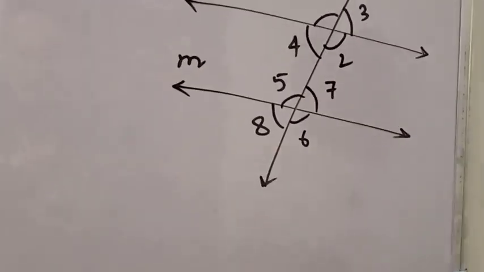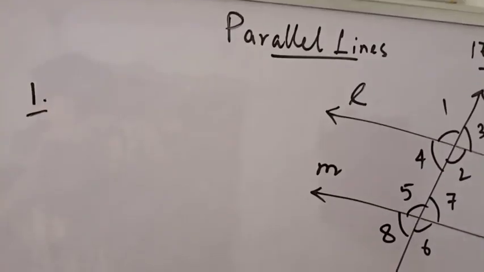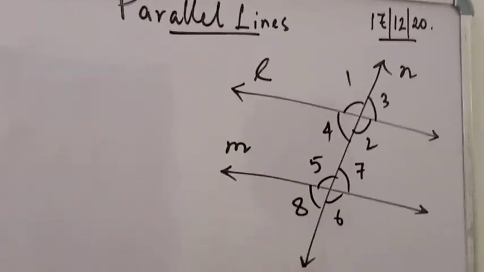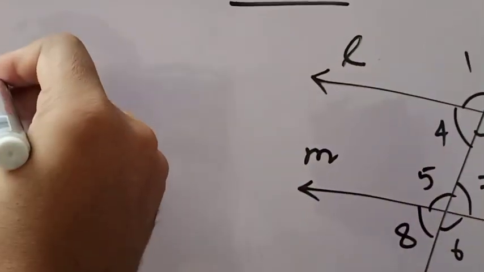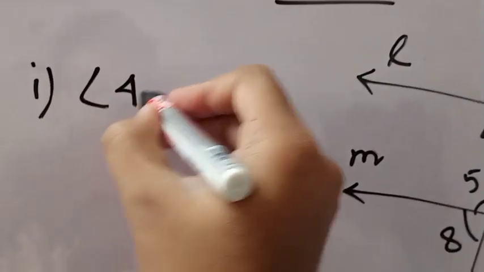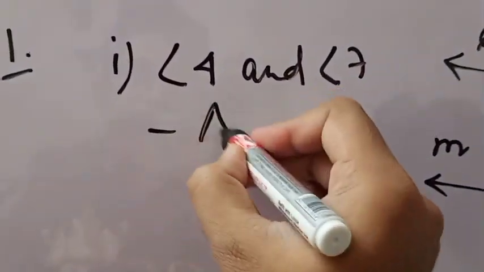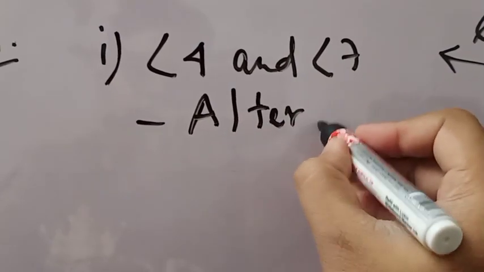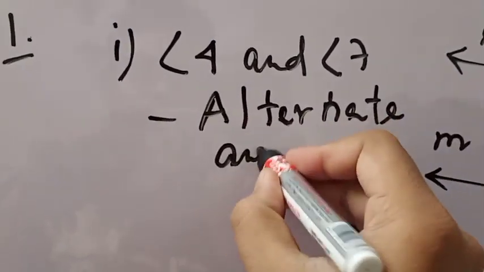In number 1, angle 4 and 7 form a pair. So angle 4 and 7 are alternate angles.